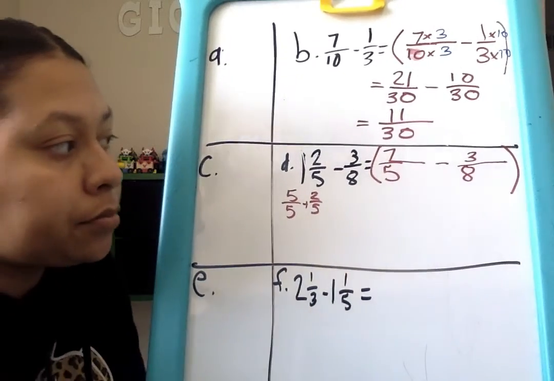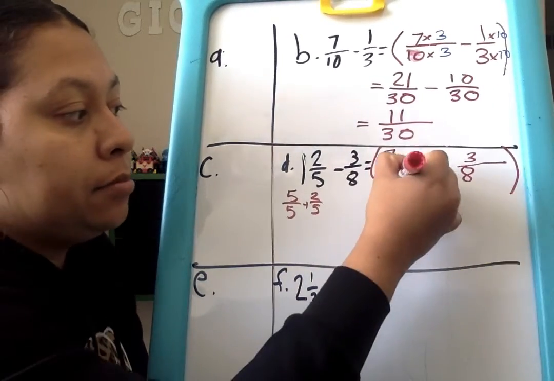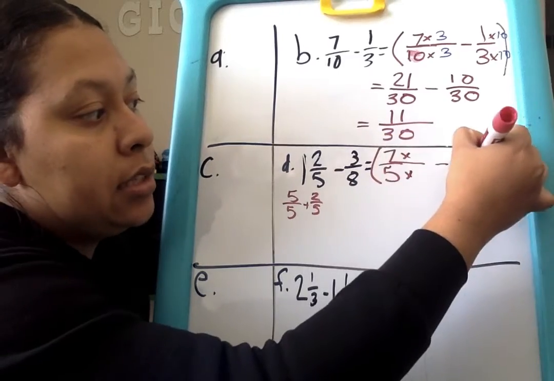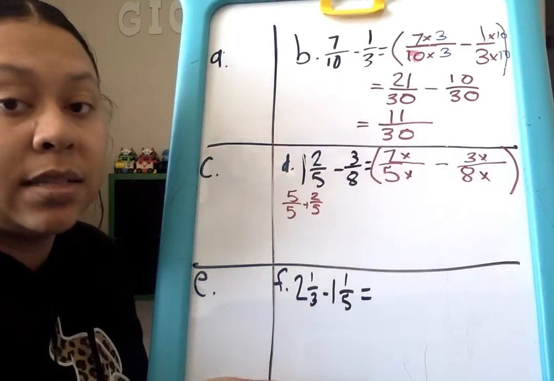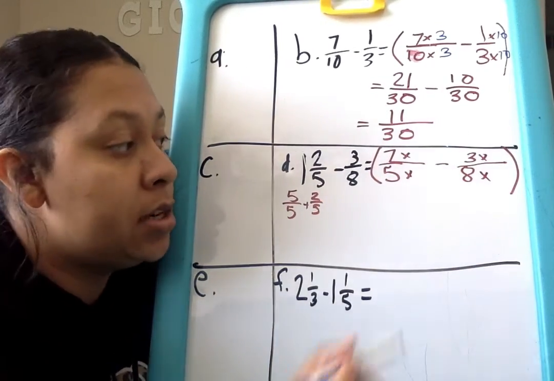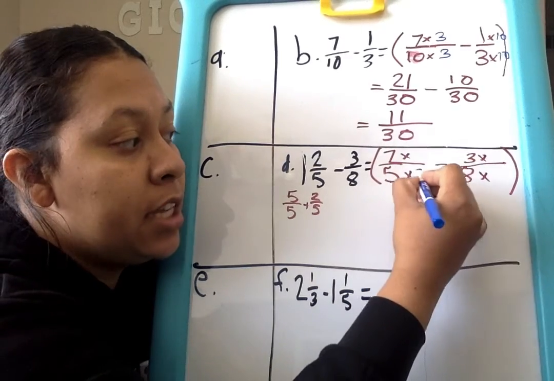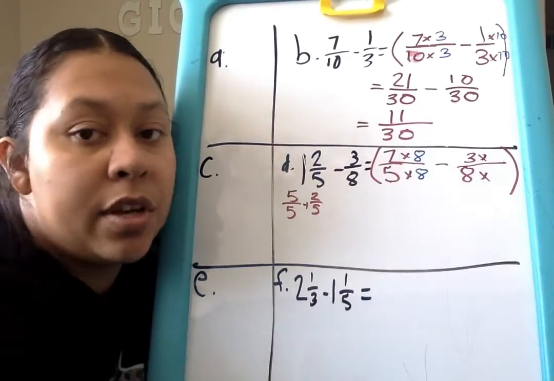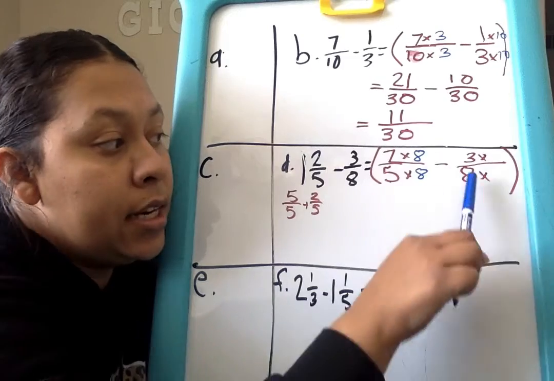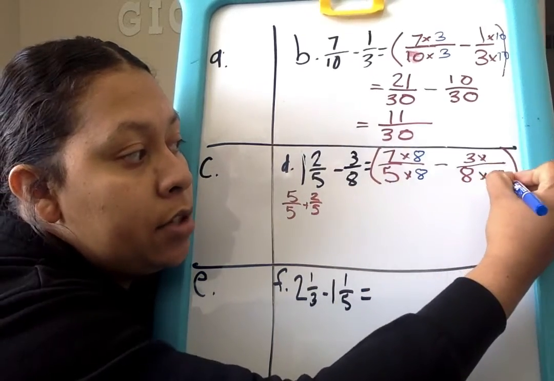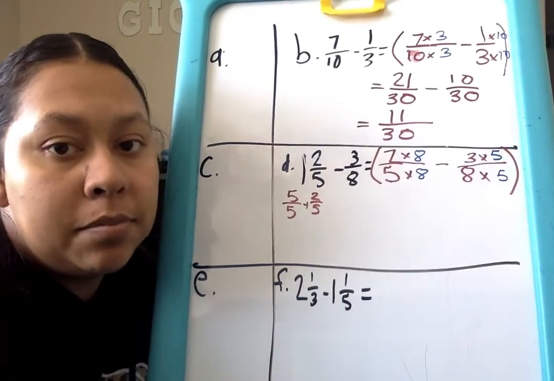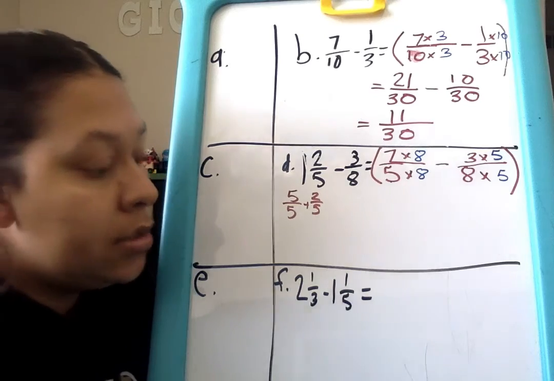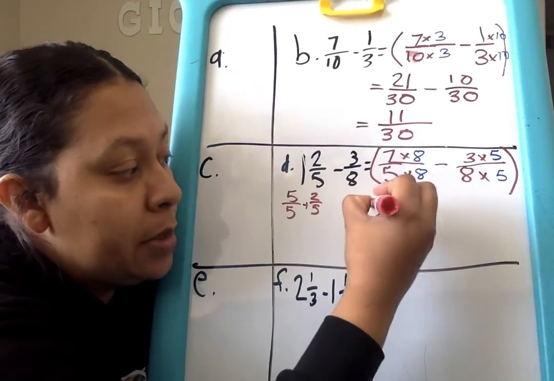So now we need to find our common denominators. We can do that simply by multiplying by the opposite denominator. So 5 times the 8, and what you do to the bottom, you have to do to the top. And then 8 times the 5, and what you do to the bottom, you have to do to the top. Okay, so now let's find our equivalent fractions by multiplying them.